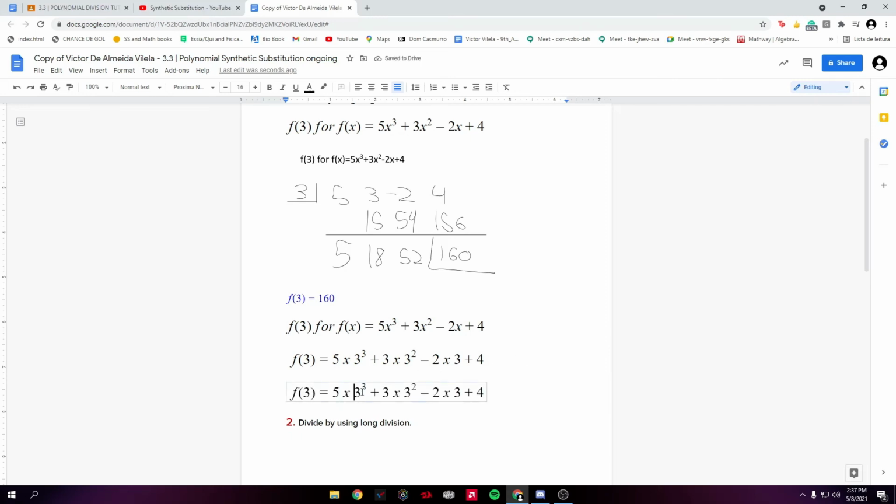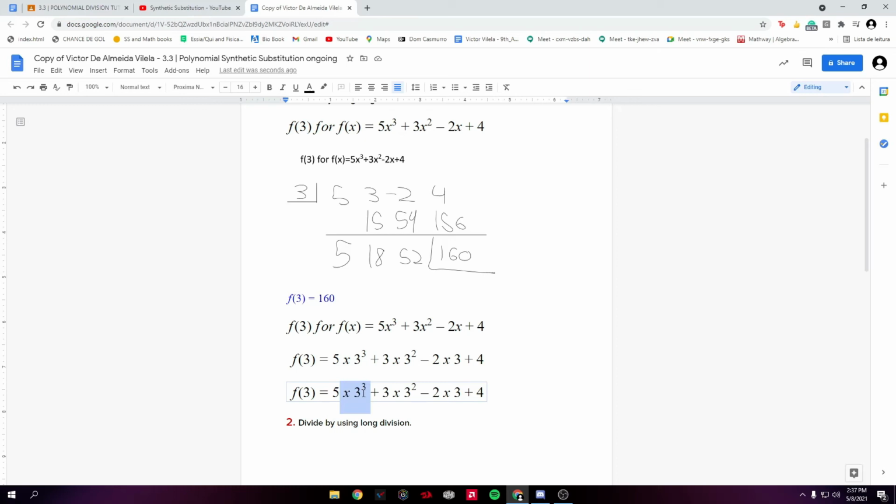3 squared is 9. 9 times 5 is 45. 3 squared is, it's not 9. Okay, sorry, I made a mistake. Sorry. 3 to the power of 3 is 27, because 3 times 3 is 9, and 9 times 3 is 27.